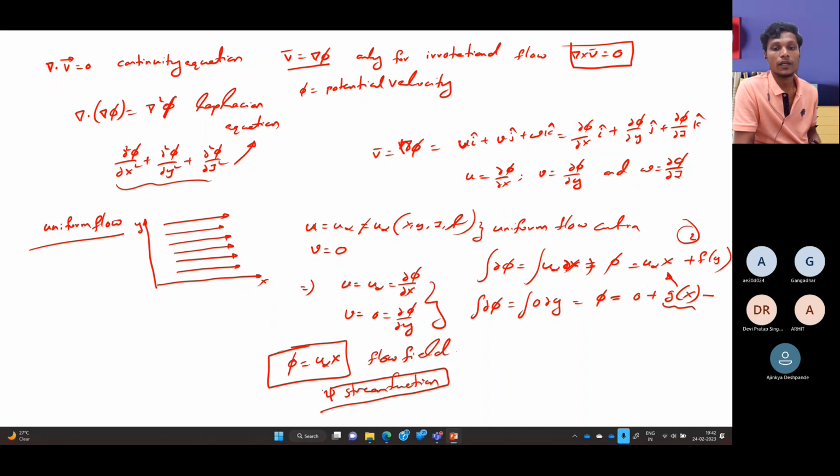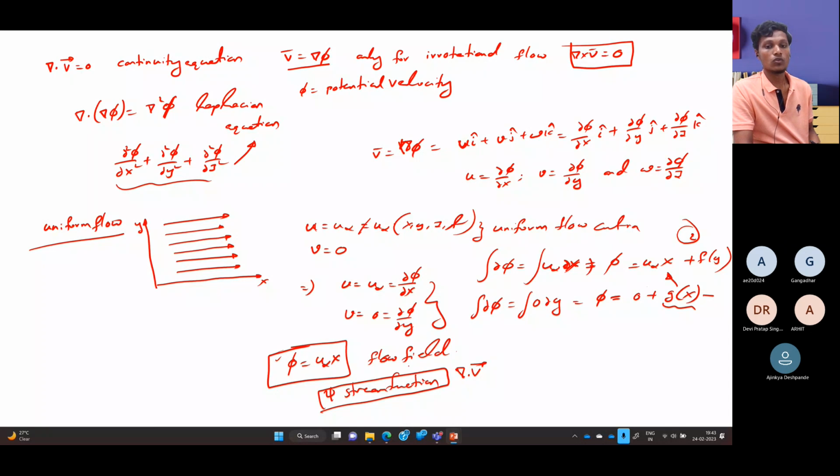Instead of directly writing things in u and v velocity, aerodynamicists are very much interested in writing phi and the stream function. If you substitute in the stream function, it will definitely be valid for the continuity equation, that is del dot V bar equals 0. So if you are given some psi function of any flow field, it obviously satisfies the continuity equation, and you don't need to solve it again.